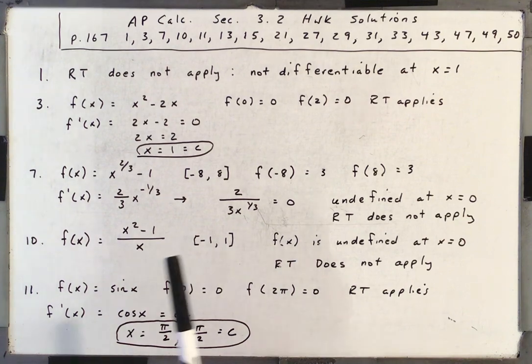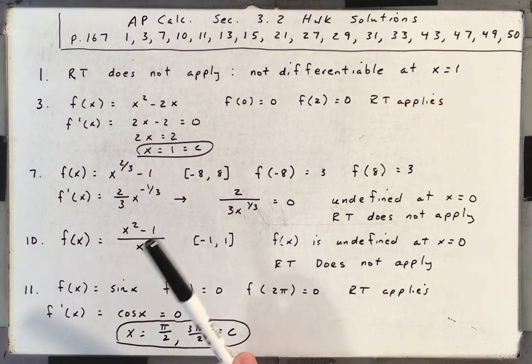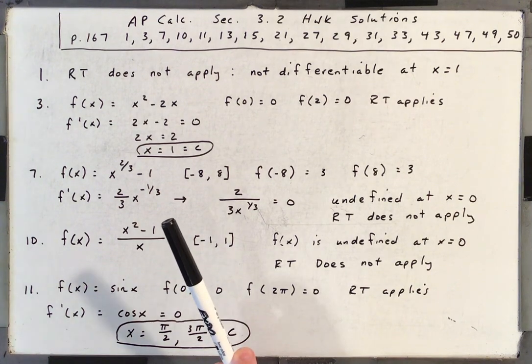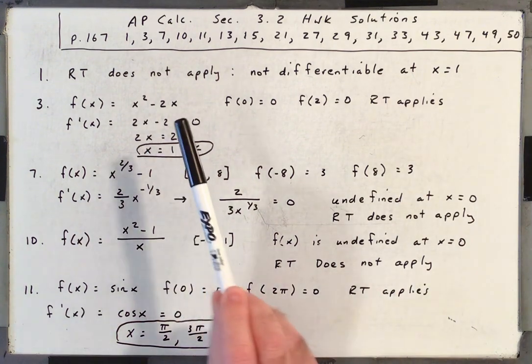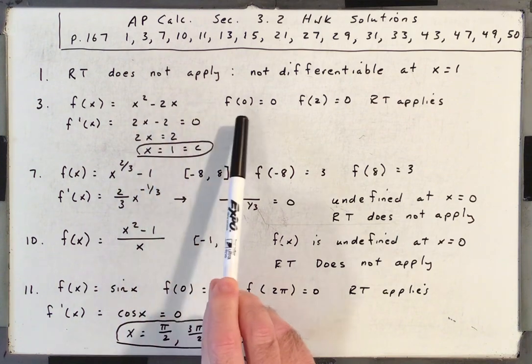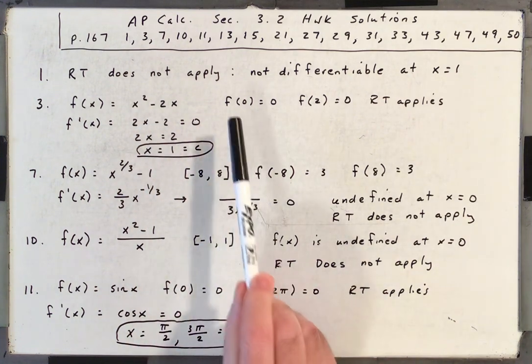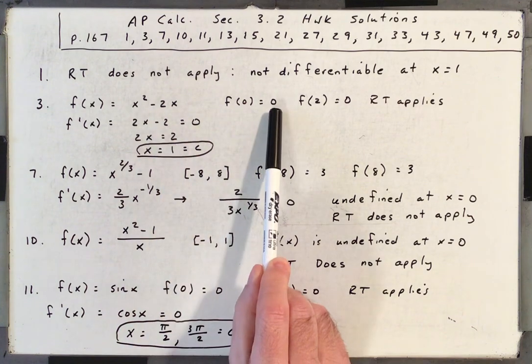All right, so on number 3, the next several, we're checking if Rolle's theorem applies, and if so, where is the horizontal tangent line. Our function on number 3 is x squared minus 2x. Our interval is from 0 to 2, so if we plug in 0 into the original function, we get 0.